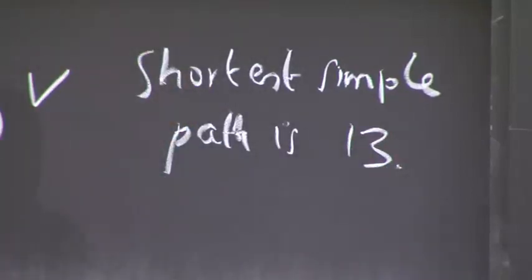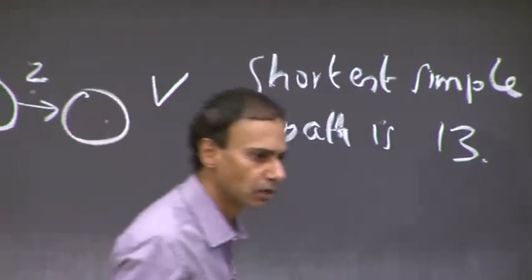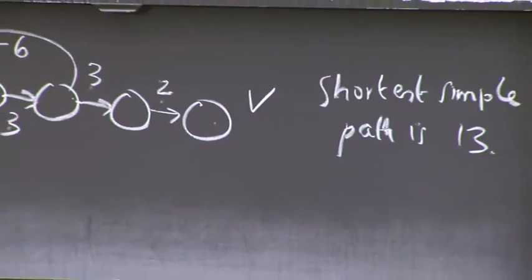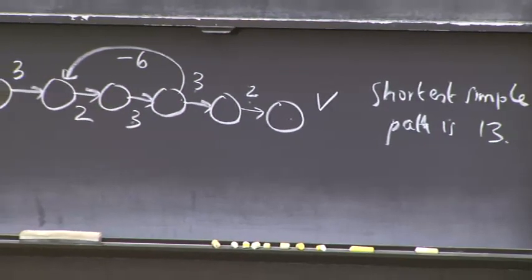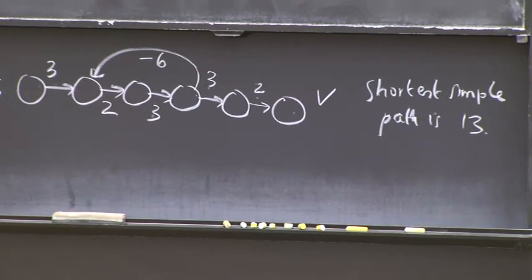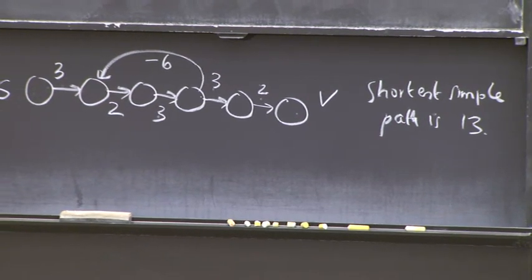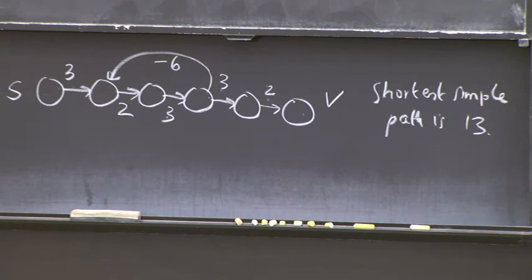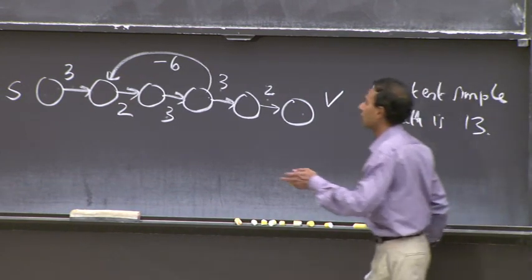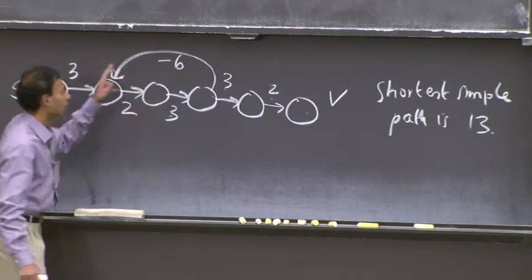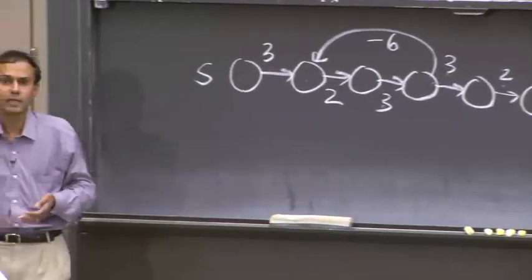Will Bellman-Ford give you any information about this path? No, because it will abort, right? After it does its V minus 1 passes, V is reachable from S, but you potentially go through a negative weight cycle before you reach V.